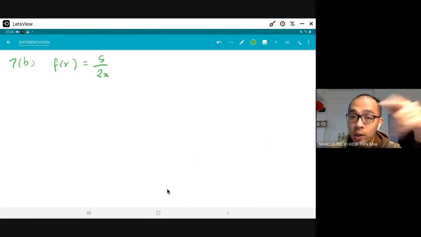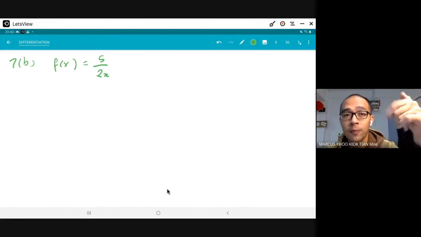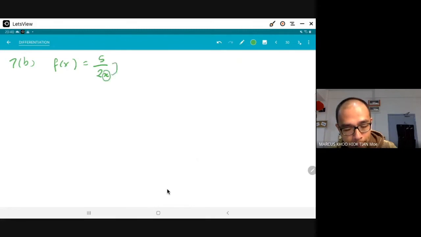So the number 2 over there is not a problem. What you need to do is only bring the x up. So this will be 5 over 2, and then x to the power of negative 1, because down here is power of 1. So when you bring it up, it will become power of negative 1. That will still be the original function.